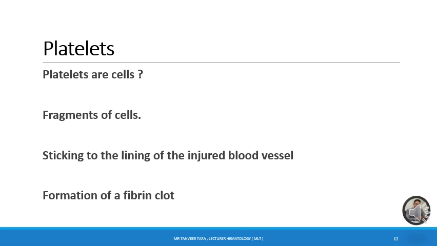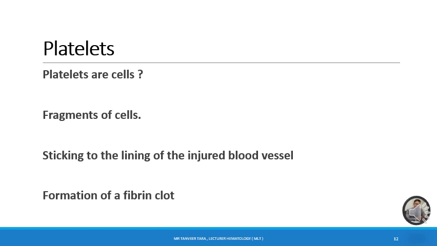On the other hand, we have three different types of cellular elements. Red blood cells: we discussed its shape, why its shape is biconcave, and which molecule is inside the red blood cell, that is hemoglobin. And what is the function of hemoglobin? It carries oxygen and brings back carbon dioxide.